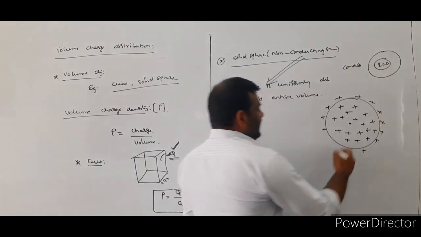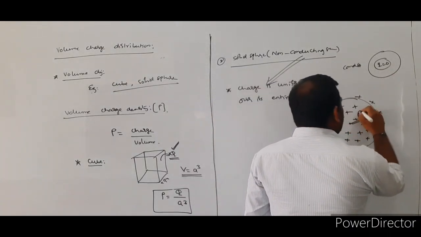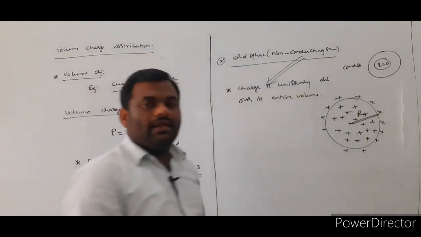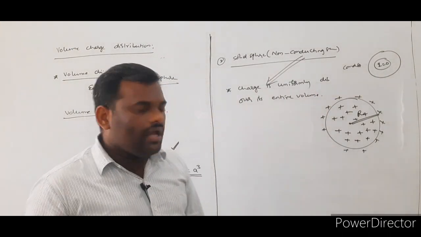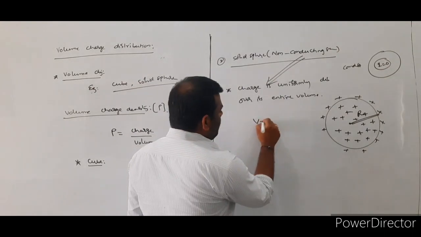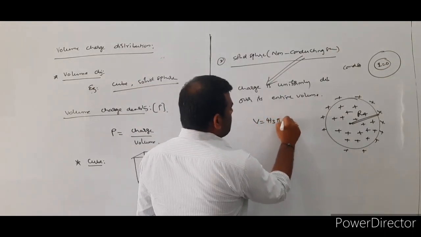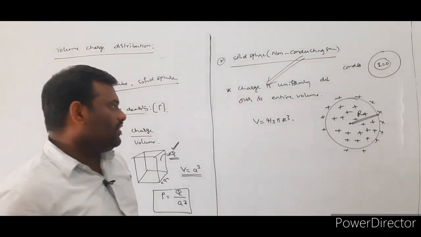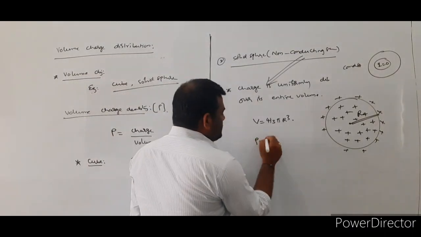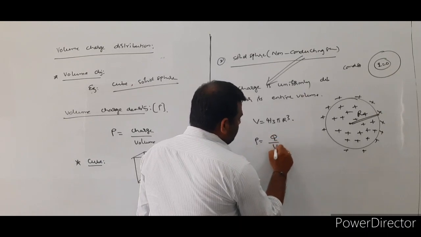If we assume that capital R is the radius of the non-conducting sphere, its volume is equal to 4/3 pi r cube. Therefore, volume charge density is charge per volume.